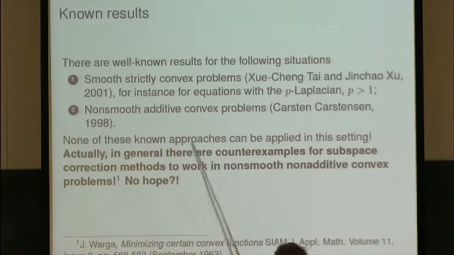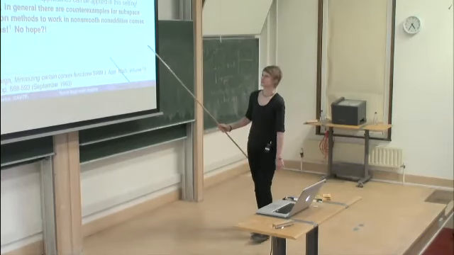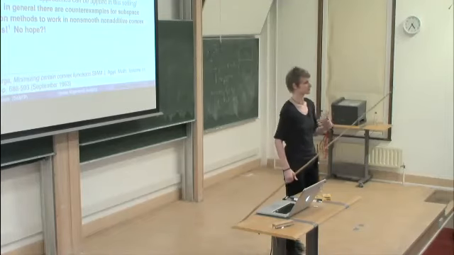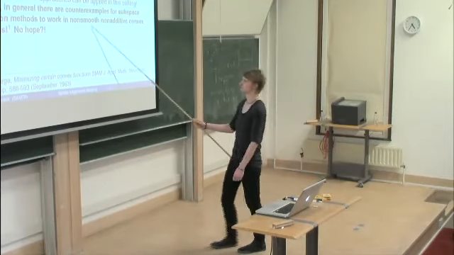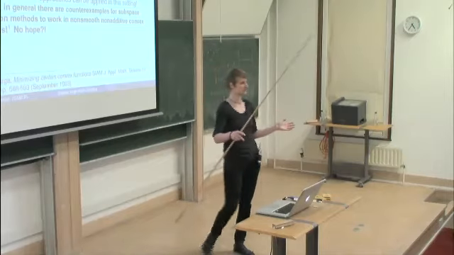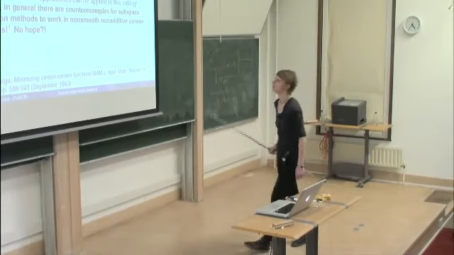So none of these approaches can be applied to our situation because we are non-smooth and non-additive. And there are even counter-examples in the literature that a subspace correction method or a subspace decomposition method will not work in all situations. So there are counter-examples that a decomposition will not converge to a global minimizer.